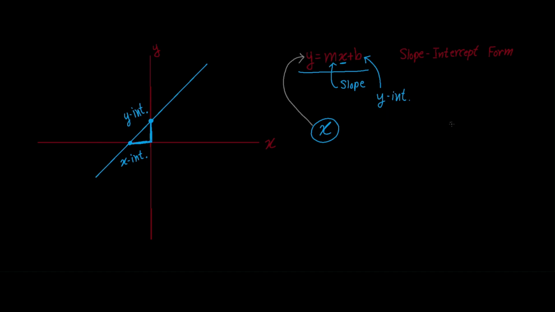So let's get an example. So let's say we have the formula y equals 2x minus 5. The y-intercept would be this -5 right here.